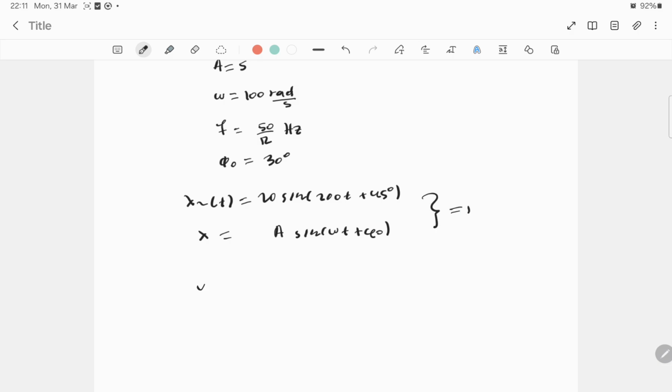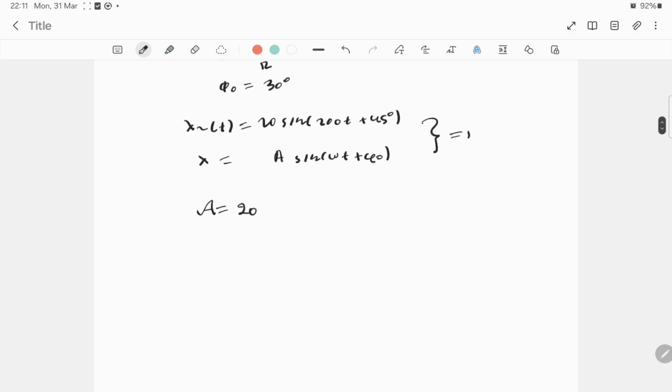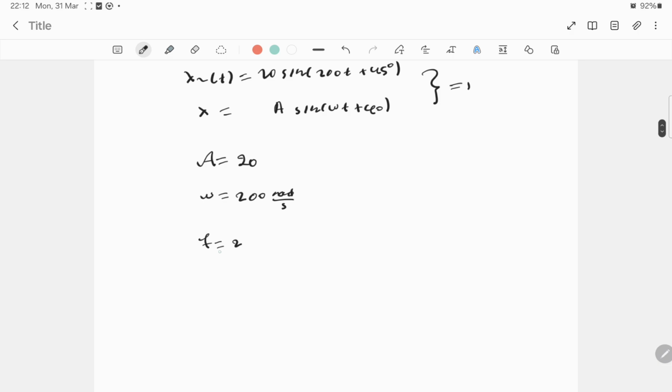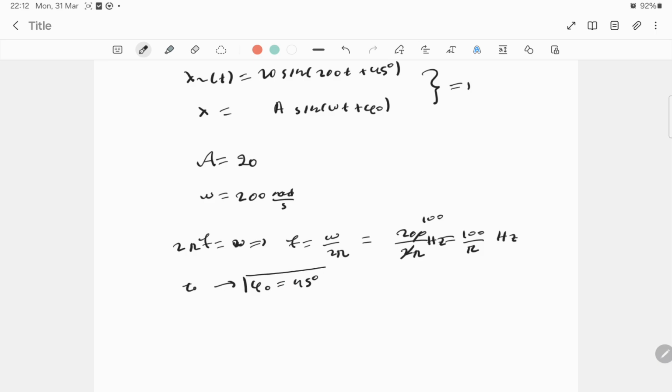So from here, the amplitude A equals 20, omega equals 200 rad per second. Since 2 pi f equals omega, f equals omega over 2 pi, which is 200 over 2 pi. So that is 100 over pi hertz. And for t equals 0, the initial phase phi 0 equals 45 degrees.